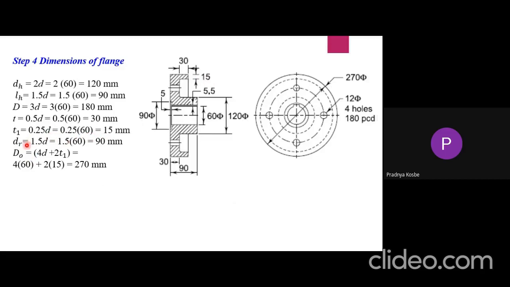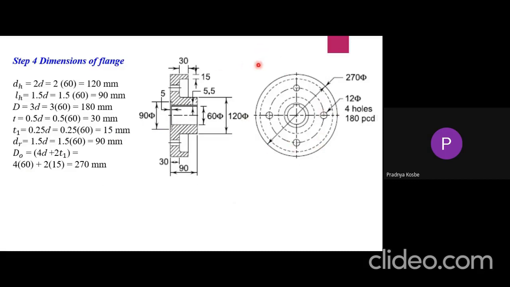Then dr is equal to 1.5 times the d, and this is the portion where that 1.5d is equal to 90 mm. DO is the outermost diameter, or outer diameter, of the flange.